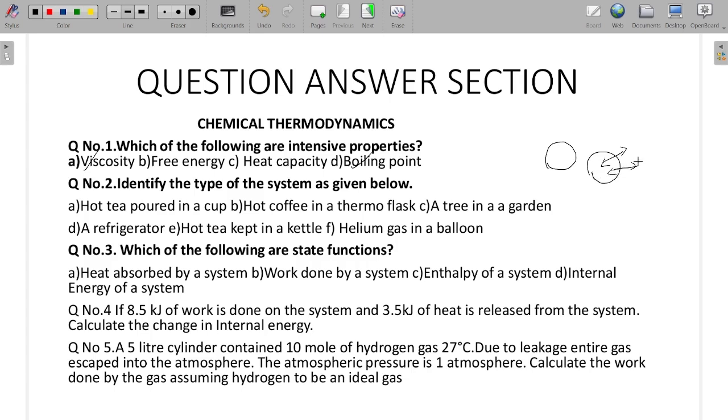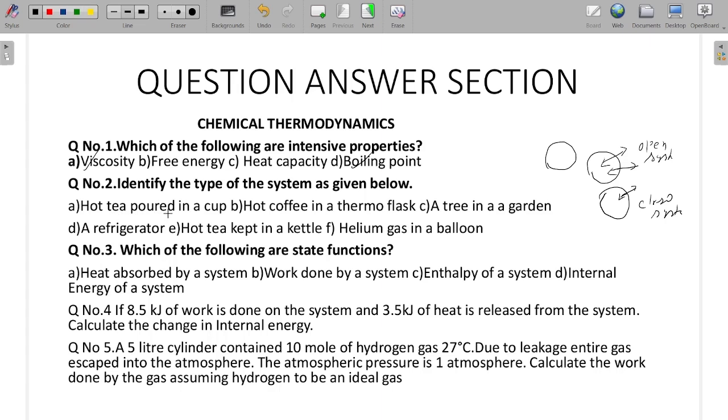This is called open system. And in case of closed system, only energy can exchange between system and the surroundings. No matter. So this is called closed system. So now we judge what type of system it is.